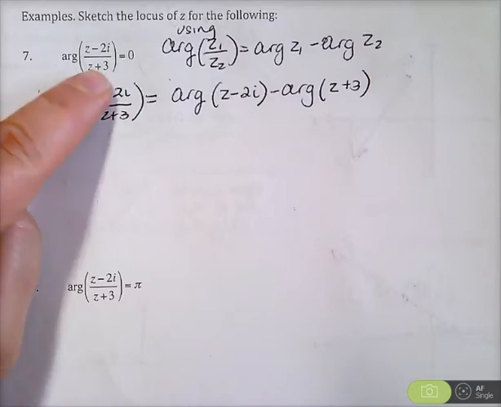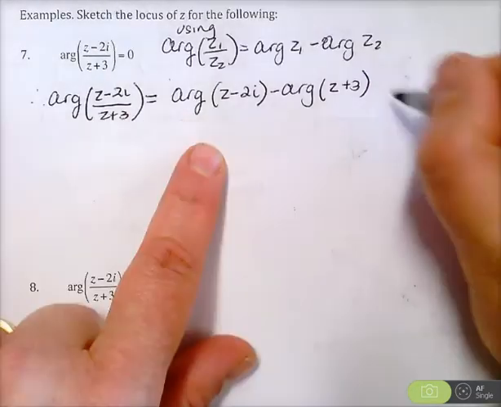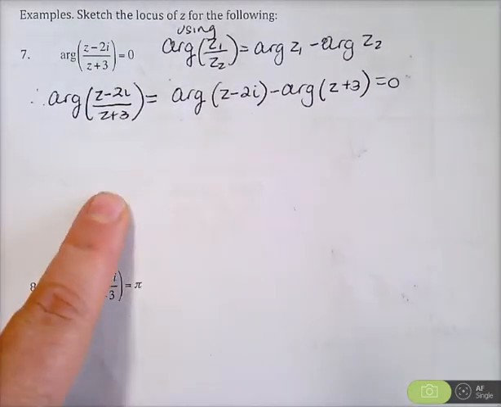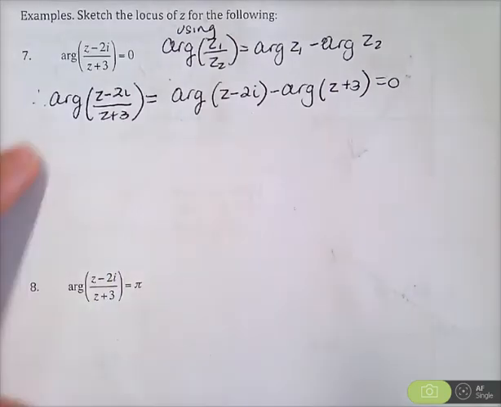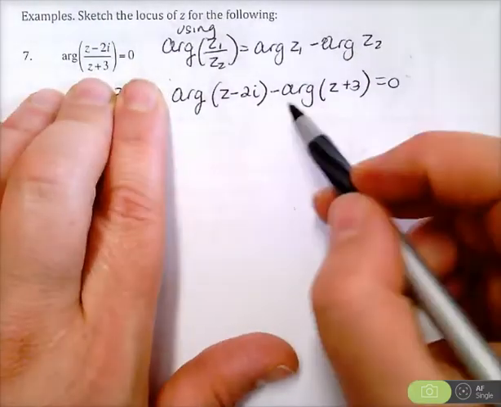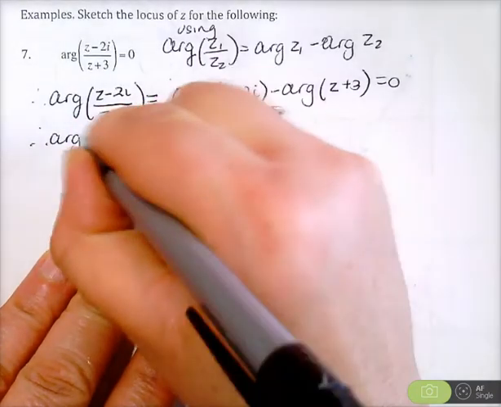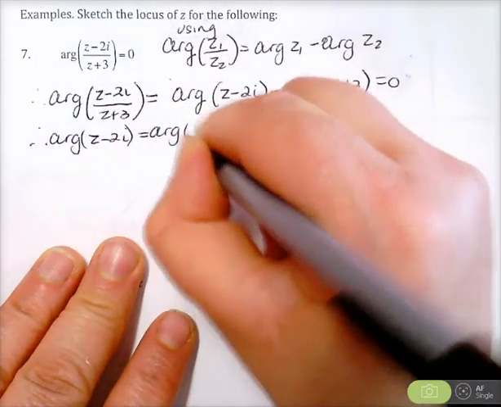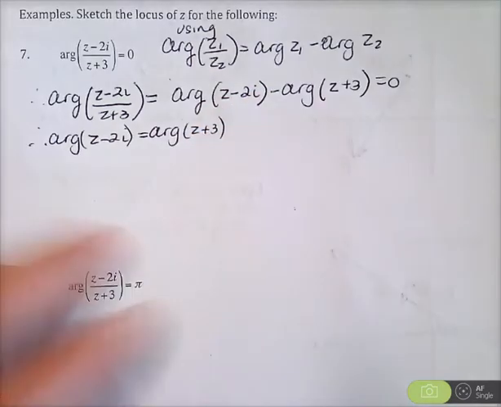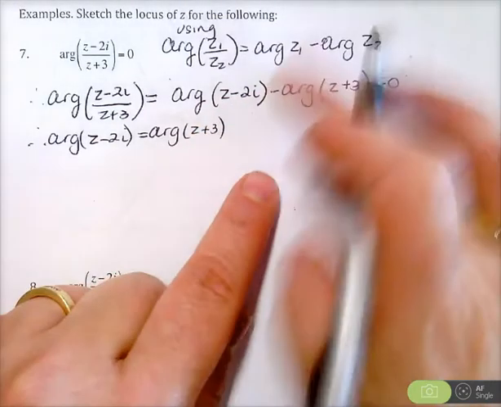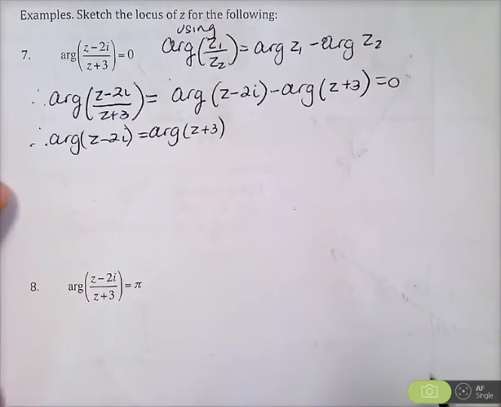So therefore that over that is the same as that, which equals 0. So therefore, just ignoring this first bit, we can say that arg of z minus 2i is equal to arg of z plus 3. So I'm just taking this arg of z plus 3 over the other side.